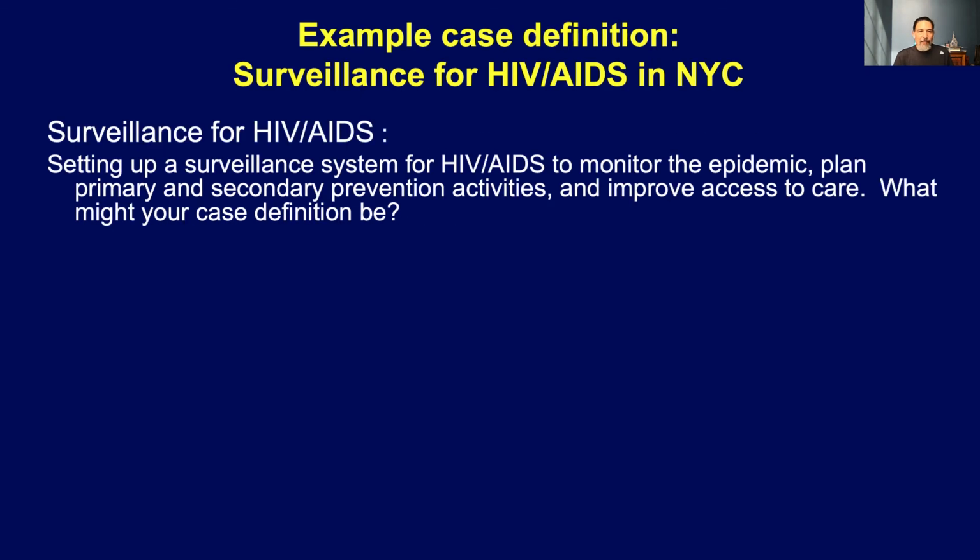So I'm going to go through a few examples of case definitions. This is an example of a case definition for HIV/AIDS in New York City. First, thinking about the goals, it was about setting up a surveillance system for HIV/AIDS to monitor the epidemic, plan primary and secondary prevention activities, and improve access to care for HIV.